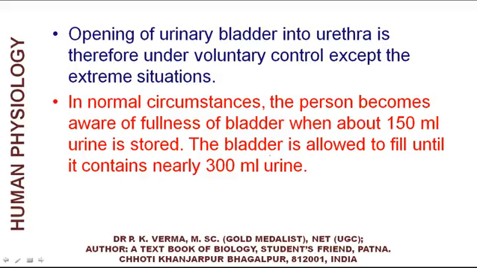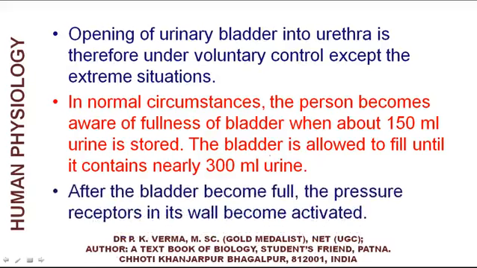In normal circumstances, the person becomes aware of fullness of bladder when about 150 or 160 milliliter urine is stored. The bladder is allowed to fill until it contains nearly 300 milliliter urine.